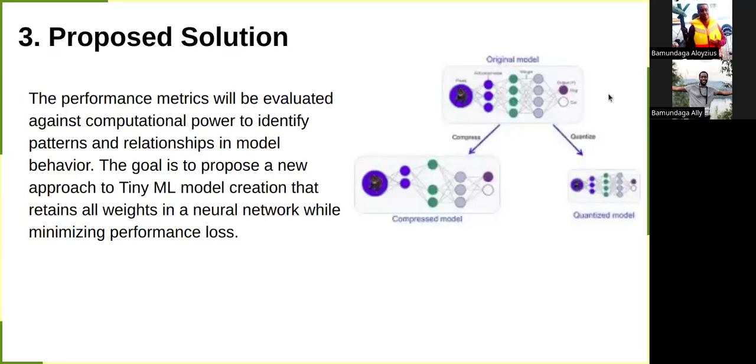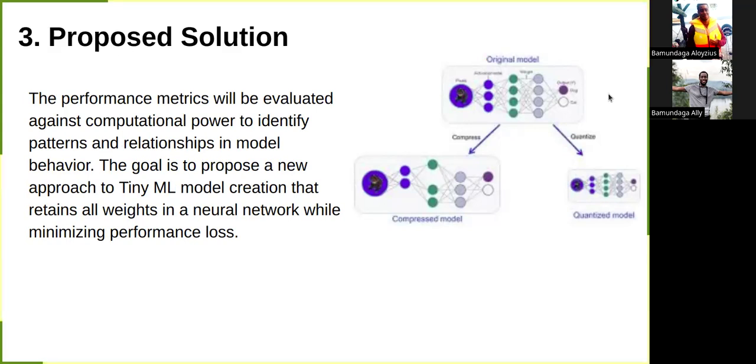Proposed solution. The performance metrics will be evaluated against computational power to identify patterns and relationships in model behavior. This decline in performance is what we want to examine, with the decline in computational power across different devices.